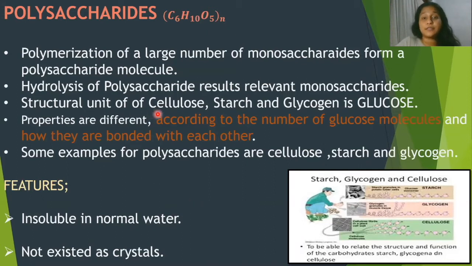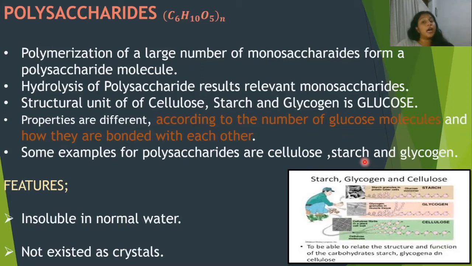The structural unit of cellulose, starch, and glycogen is glucose, and their properties are different according to the number of glucose molecules and how they have bonded with each other, right? Some examples for polysaccharides are cellulose, starch, and glycogen.